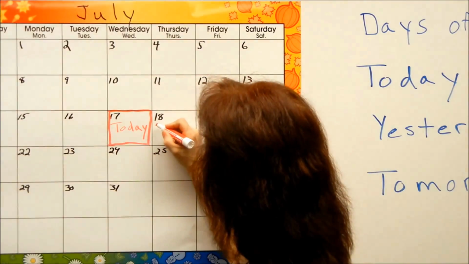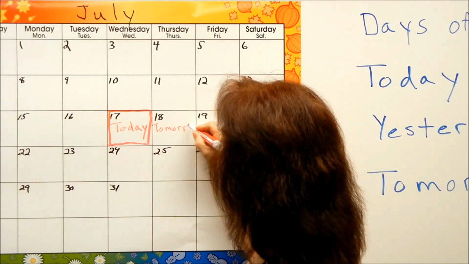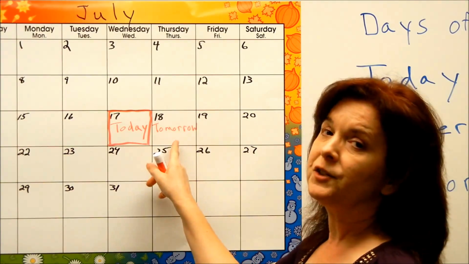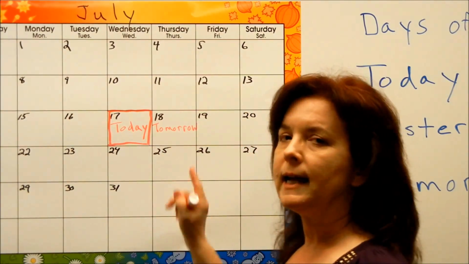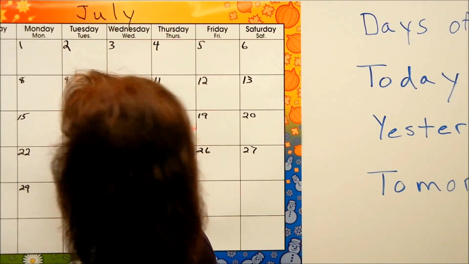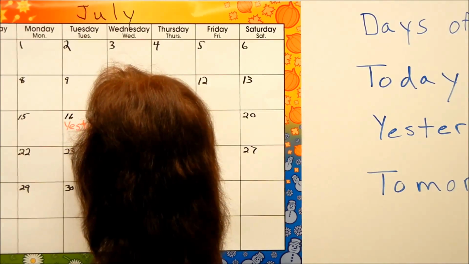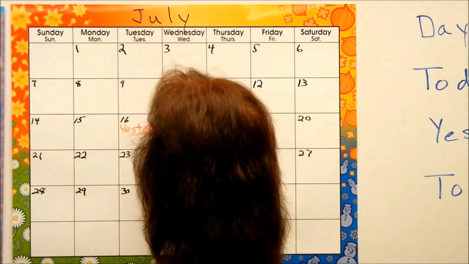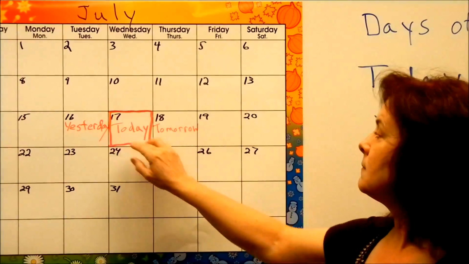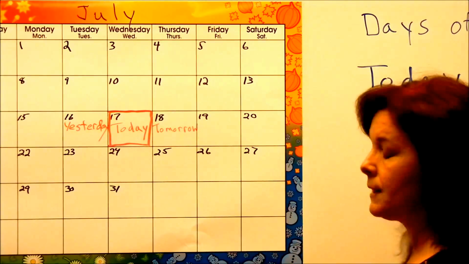We call it tomorrow. The day after today, we say tomorrow. The day before today, we say yesterday. Okay, so we have today, tomorrow, and yesterday. Now, how would we use those in a sentence?